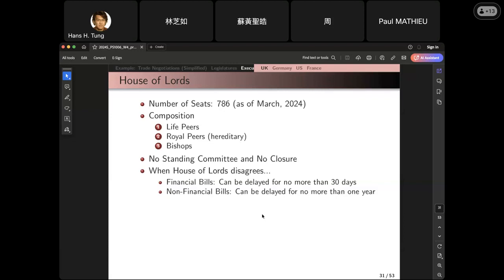But in the Bundestag, they have standing and ad hoc committees inside the chamber. What is interesting is that they have this council of elders, and this council of elders is composed of 28 members. You can tell the important jobs of the council of elders by the name, right?